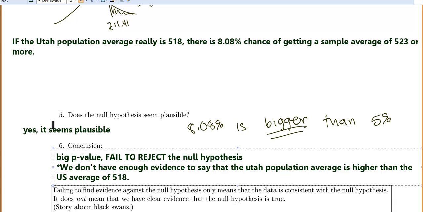So it's interesting that we kind of changed the way we're writing it. So you always write the conclusion in terms of the alternative hypothesis, because that was what we're interested in showing. And so your conclusion will always be either we have evidence of the alternative or we don't have enough evidence for the alternative, because once again, the alternative is what you're interested in proving.